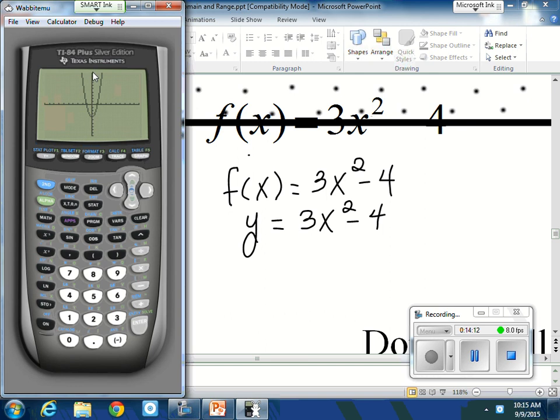All right, so that's obviously called a parabola, going up. So I notice that on x, remember, as that parabola keeps growing and growing, it keeps extending. So my domain will be all the real numbers. But my range obviously starts right there.